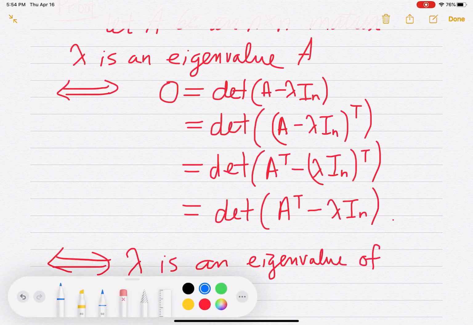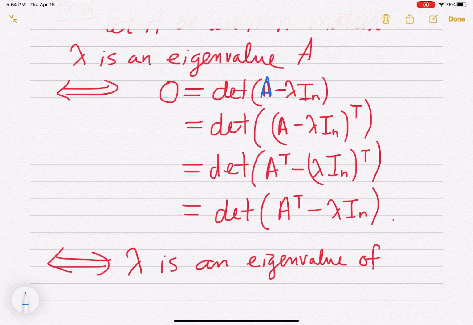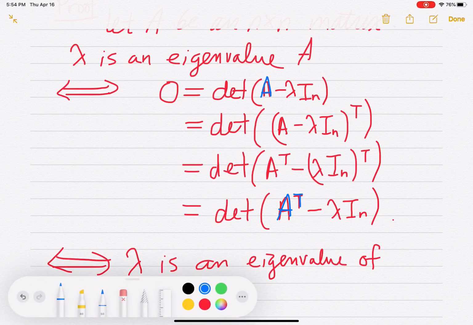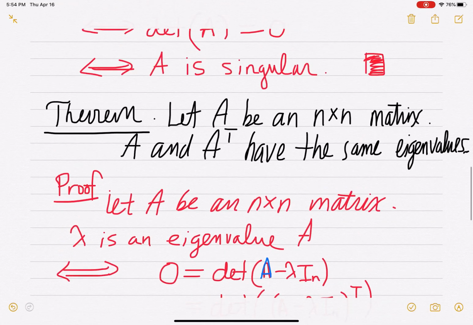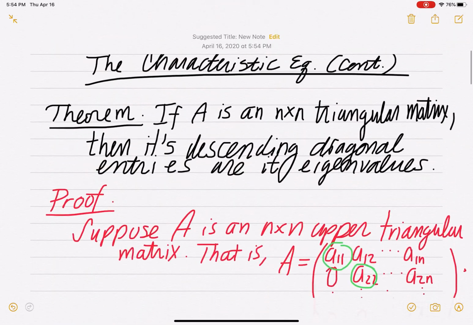Before we had A up here, now we have A transpose in its stead. And that's the proof. Lambda is an eigenvalue of A if and only if lambda is an eigenvalue of A transpose. I think we'll probably stop there.